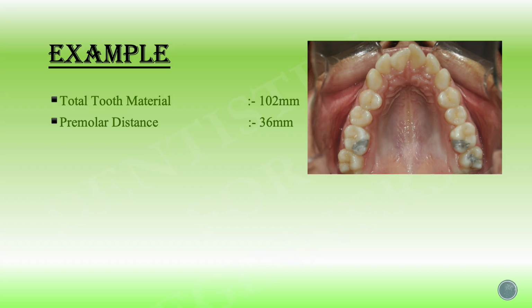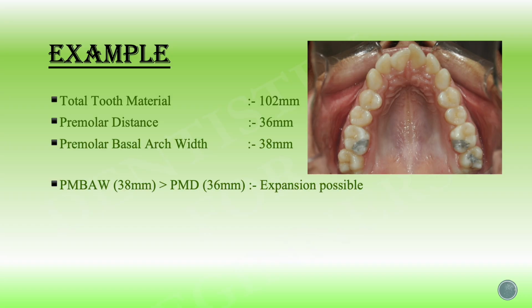And from this example, we can see there is crowding present and this arch is seen constricted. Here the total tooth material is 102 millimeter. Premolar distance is 36 millimeter. Premolar basal arch width is 38 millimeter. So the premolar basal arch width, which is 38 millimeter, is more than the premolar diameter, which is 36 millimeter. That means in this case, expansion is possible.